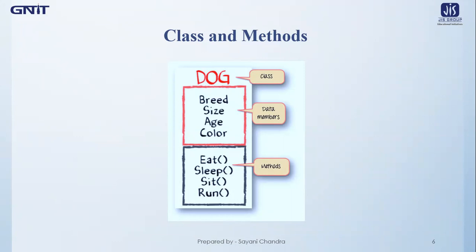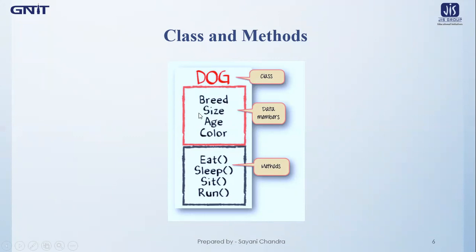Now here in this example, we can see that there is a class mentioned as dog. That means the class name is dog. The properties or the attributes of the objects of the dog class are breed, size, age, color. That means these properties will be there in all the dog class objects. Every dog class object has a particular breed, a particular size, a particular age, and a particular type of color.